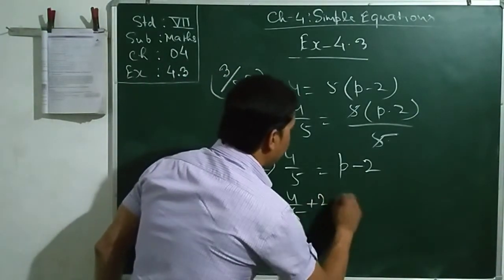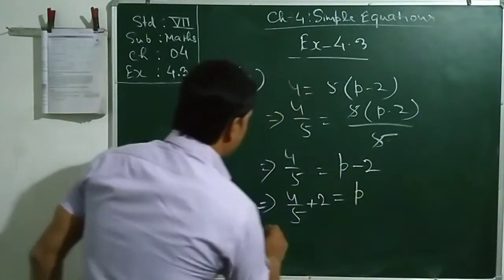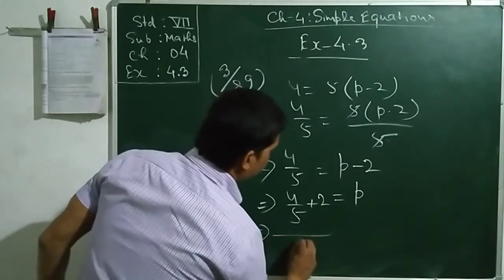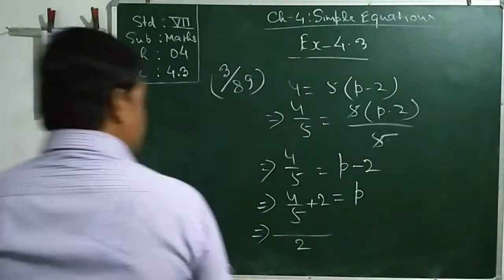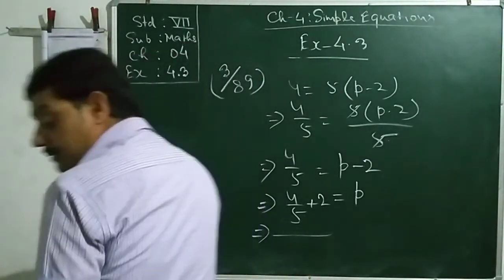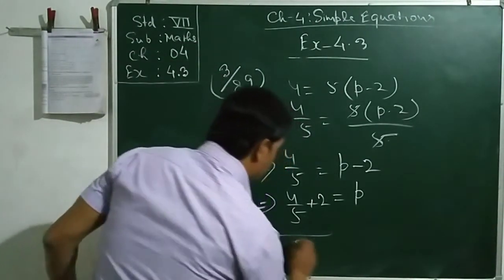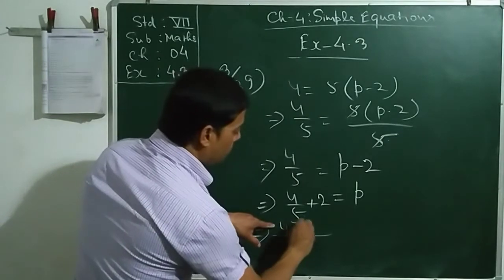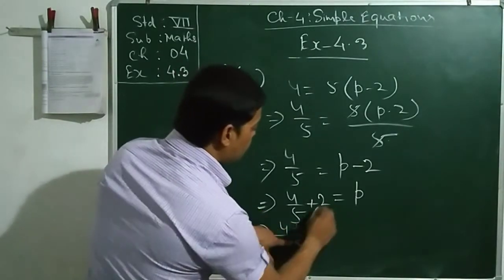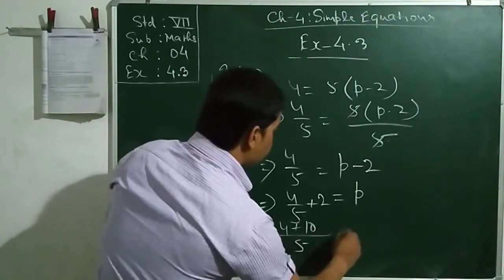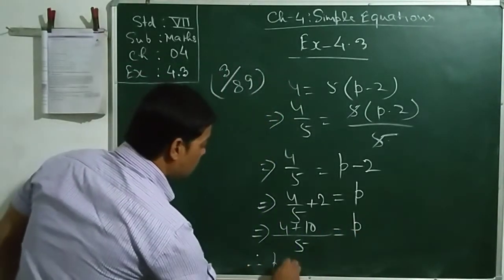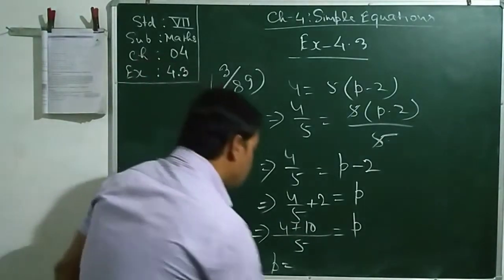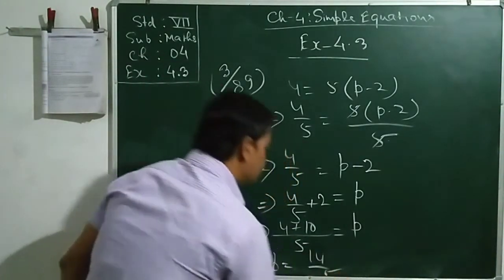So 4 by 5 plus 2 equals p, or in the next term find the LCM. LCM will not be 2 there, LCM will be 5 there. 5 ones are 5, so 4 ones are 4, plus 2 fives are 10, equals p. Hence therefore p equals 10 plus 4, 14 by 5.